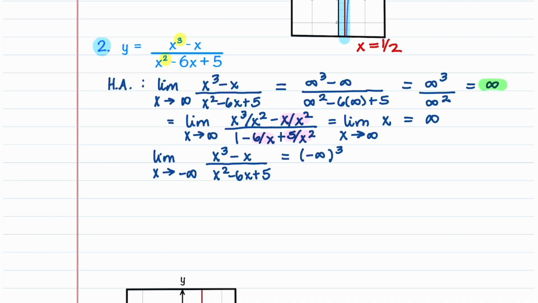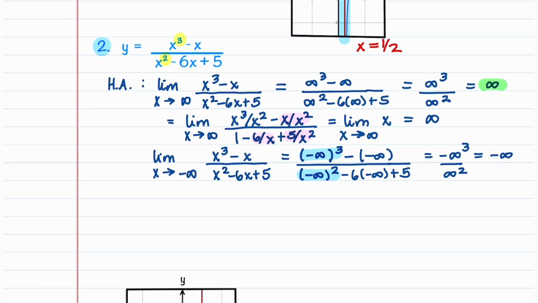We have minus infinity cubed minus infinity, all divided by minus infinity squared minus 6 times minus infinity plus 5. These two terms are our largest terms, so we can ignore all the other ones. And this gives us a minus infinity cubed divided by infinity squared, which gives us minus infinity. So that's our answer. Again, you can get that answer by dividing both the top and the bottom by x squared.